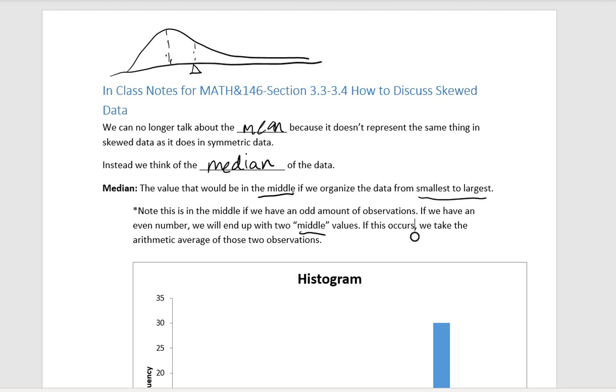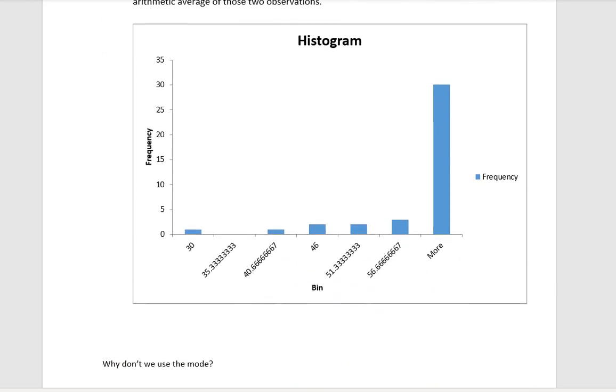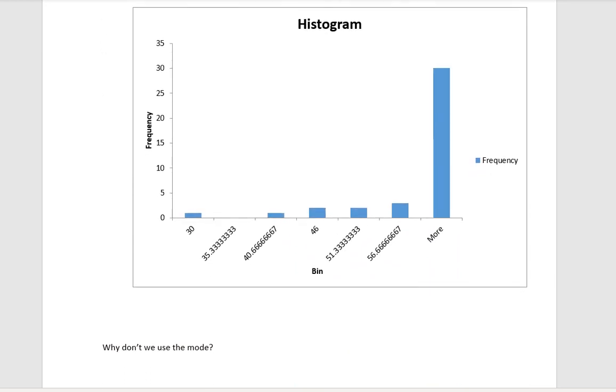So here is an example of why we use the median and not the mean. Here we have a histogram that has the scores for a class. Okay, and this would be, what do you guys think, left or right skewed? This would be left skewed.